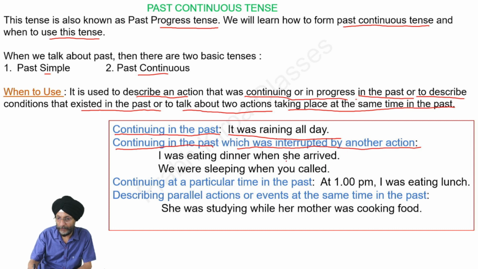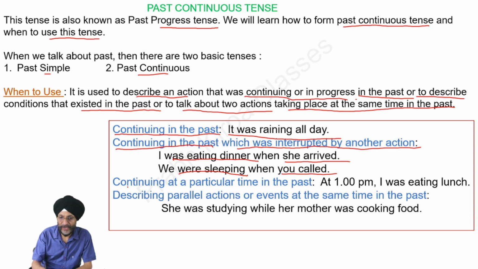In both these examples, when she arrived, when you called, these are the interruptions. What was going on in the past? I was eating dinner, we were sleeping, and then came the interruption. The interruption is she arrived, you called.